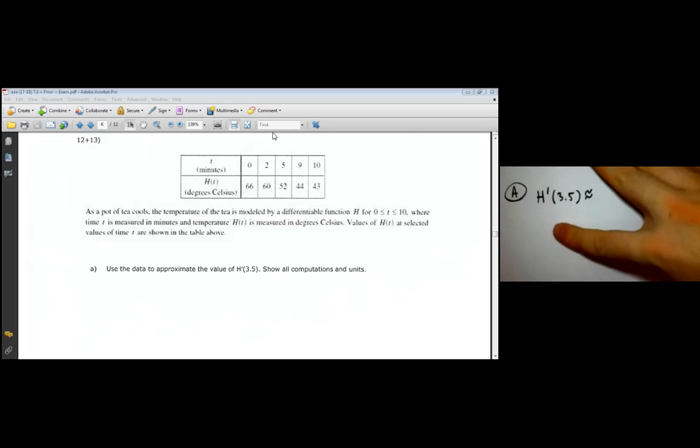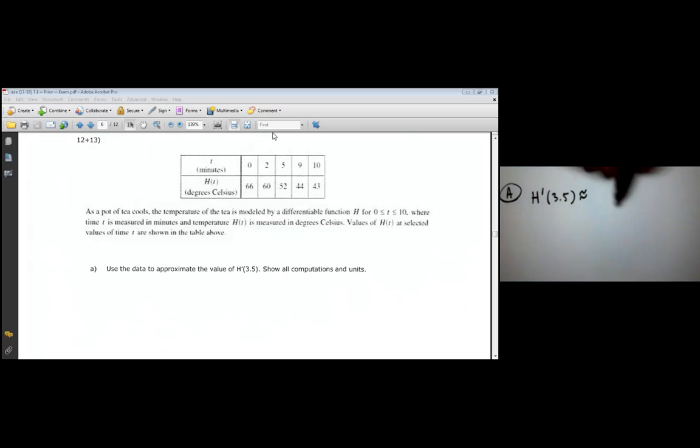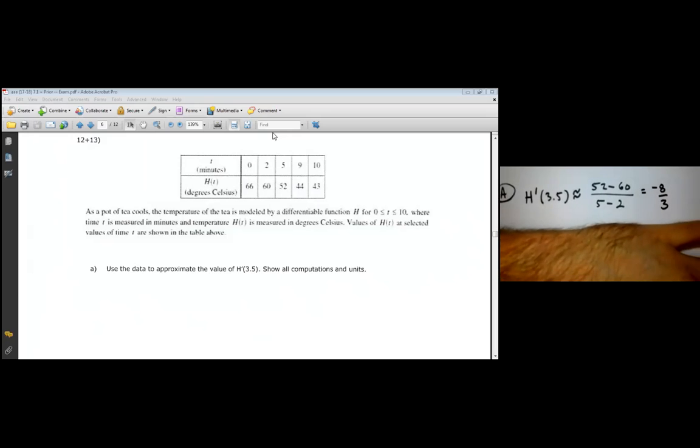So it's between 2 and 5. So we're going to find the slopes using 2 and 5, right? So we're going to say it's y2 minus y1 over x2 minus x1. And then a little bit of math there, that's negative 8/3.